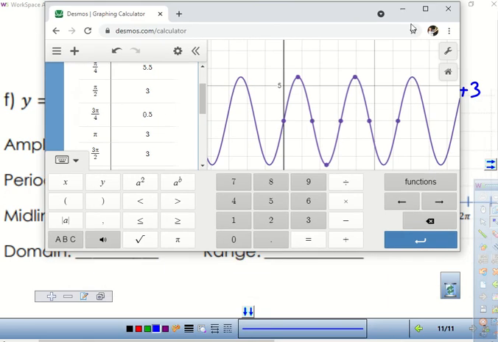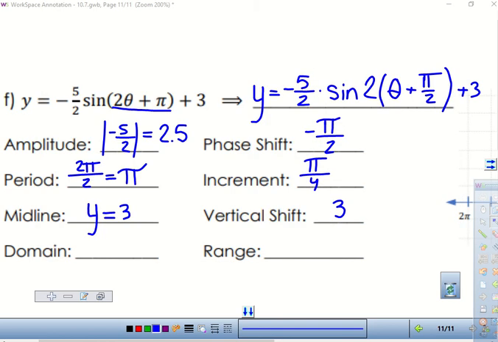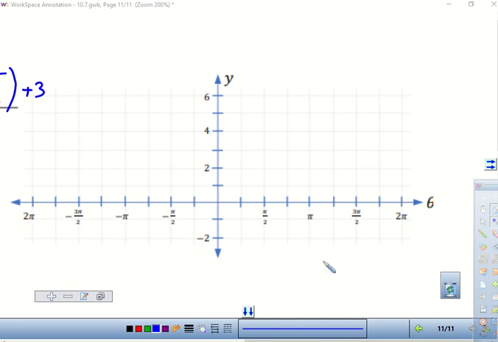So you have these values in your table, and I'm just going to be copying them onto my graph. So it tells me at 0, the graph's at 3. It tells me at pi over 4, my graph's at 5.5, so around here. At pi over 2, it's at 3. At 3 pi over 4, it's at 0.5. So like right here.